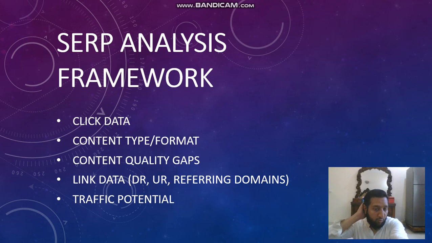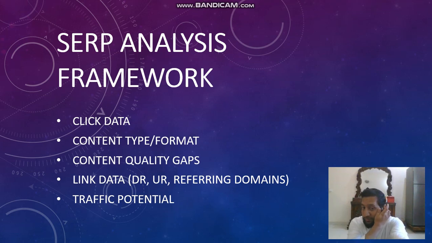The second thing I want to look at is the URL rating. It works just like domain authority, and we want to fall within 5 to 10 rating points of at least 3 to 5 of the websites ranking for that keyword.